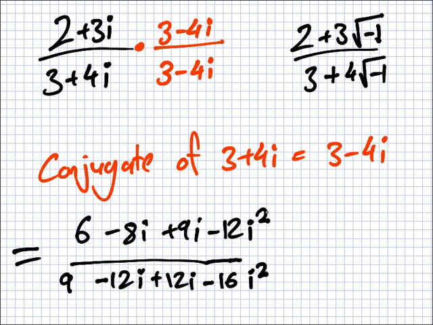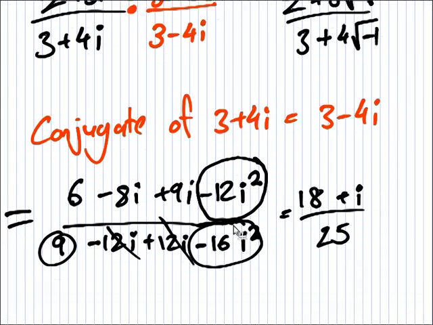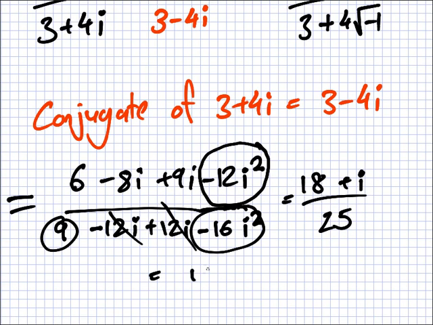Now, i squared is minus 1, so this, instead of being minus 12, is 12. That's a 6. So in total, that's 18. 9i minus 8i? Plus i. Good, okay. 9 plus 16 is 25. And then the i parts cancel. Now you need to write your answer in the usual form. So what you could do is split this into 18 over 25 plus 1 over 25 i.